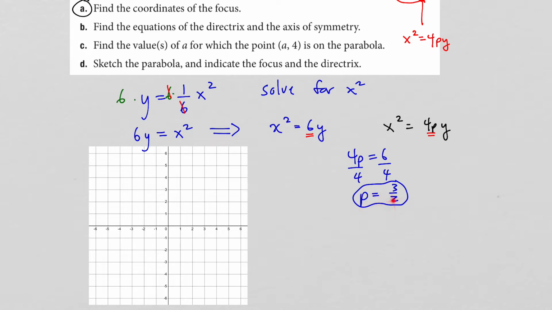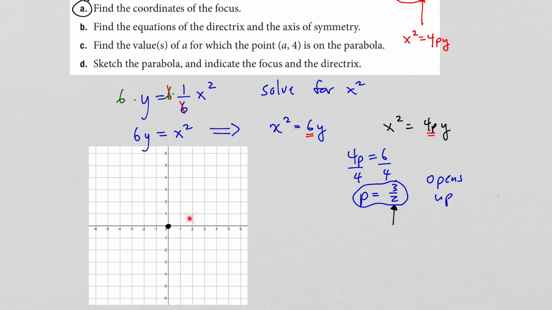Because the value of p is positive, we know that this parabola opens up. So let's think about what the parabola looks like. The vertex has to be at the origin, and remember the value of p tells you how far away from the vertex is your focus. 3 over 2 is 1.5 units. Since the parabola opens upward, it must look something like this.